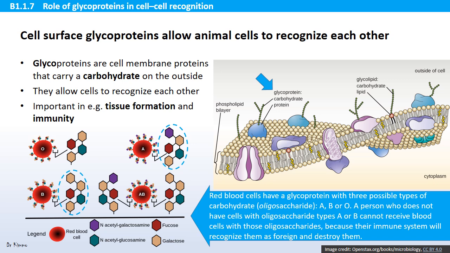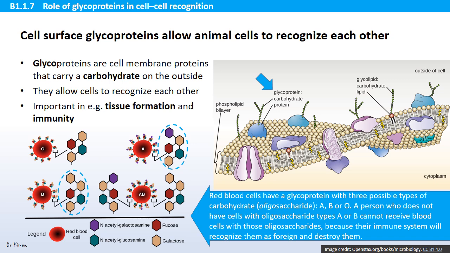If you have blood type A, you can of course receive blood type A blood, and you can also receive blood type O blood, because the carbohydrate associated with blood type O forms part of the carbohydrate associated with blood type A, as you can see from the illustration.